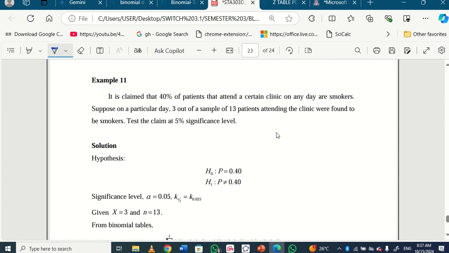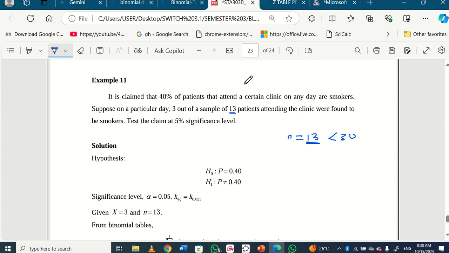Suppose on a particular day, 3 out of a sample of 13. Take note of this: our sample size is 13, which is less than 30, so indeed it is a small sample. Whenever it is a small sample, you need to use the binomial probability table and not the Z table.